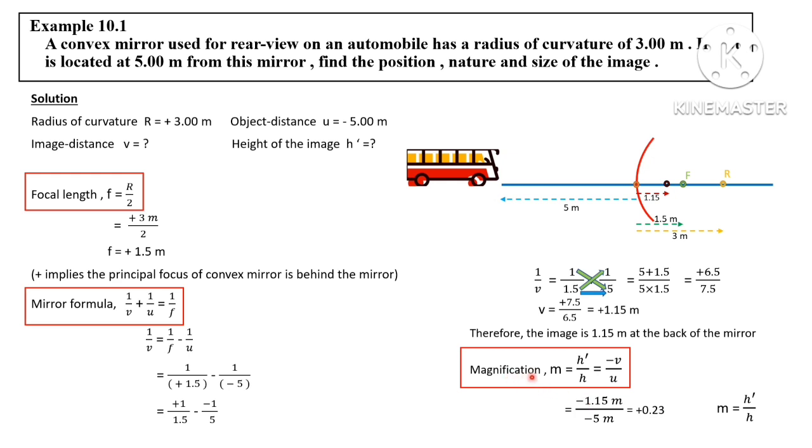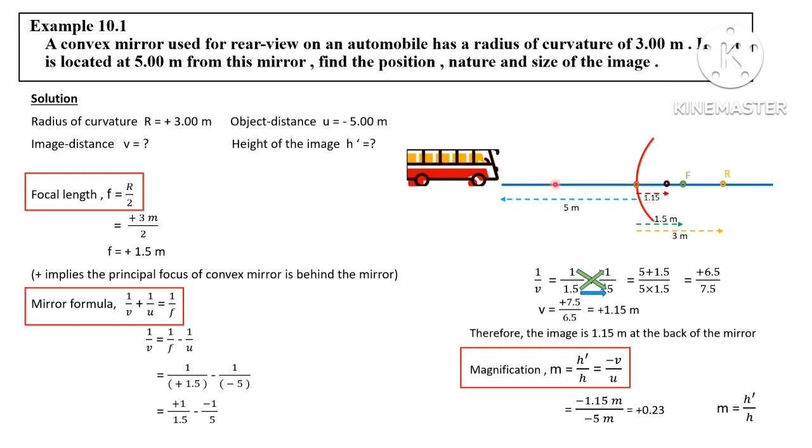We got the magnification as positive 0.23. So the magnification is positive. Okay, and here h dash is the height of the image, which is not known, and h is the height of the object. Okay, we know that the height of the object is always taken as positive because according to the sign convention, any measurements that are taken perpendicular and above the principal axis is positive.